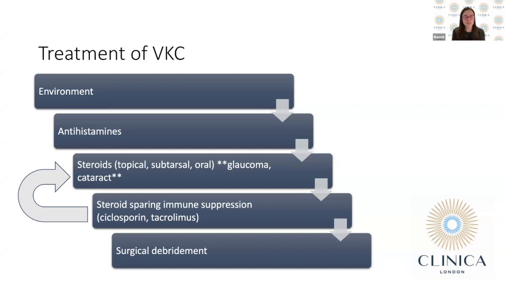And so the person asking the question there is asking whether FML, which is fluorometholone, which is a less potent topical steroid, and which tends to penetrate less deeply into the eye. You don't need it to penetrate deeply into the eye for ocular surface disease, but it's less potent than something like dexamethasone.